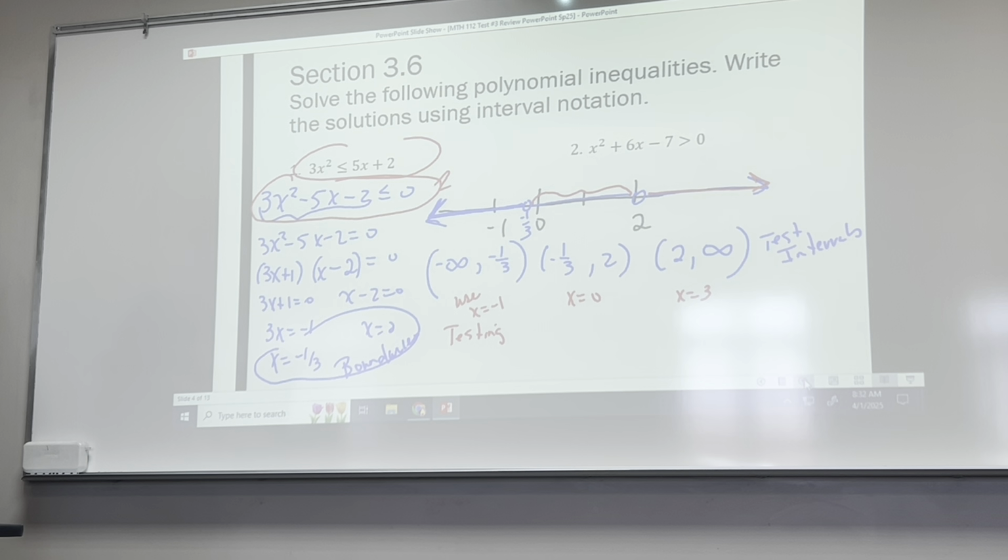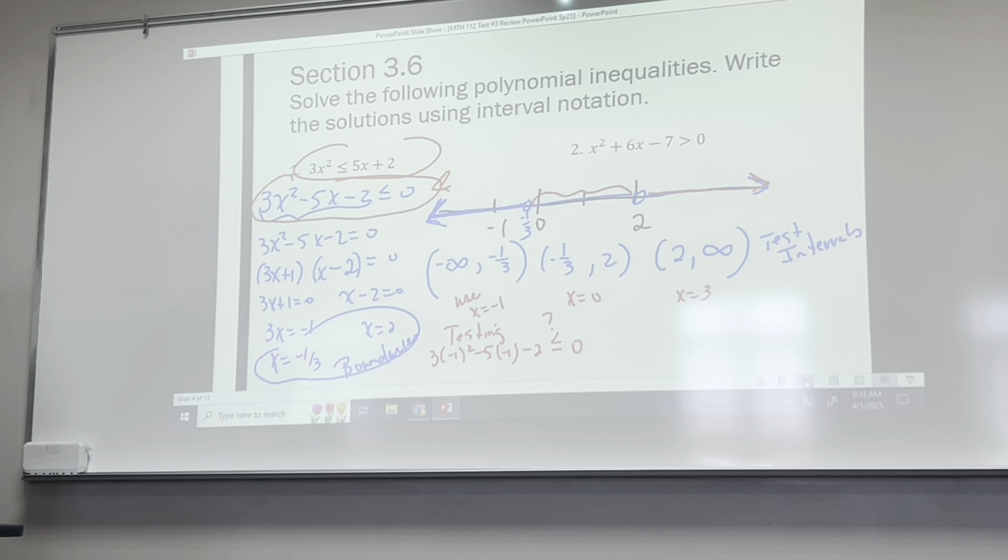This one? Okay. So if we plug a negative 1 into that, I'll have 3 times negative 1 squared minus 5 times negative 1 minus 2. Is that less than or equal to 0? It's just yes or no. Yes, it works. No, it doesn't work.